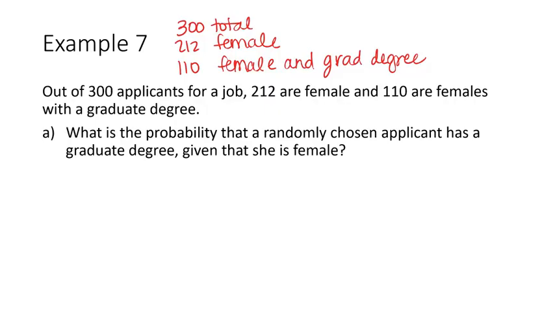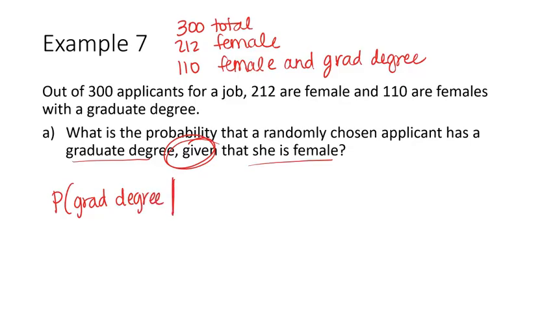With that, what's the probability that a randomly chosen applicant has a graduate degree given female? So they're wanting the probability of a grad degree given we already know the person is female.